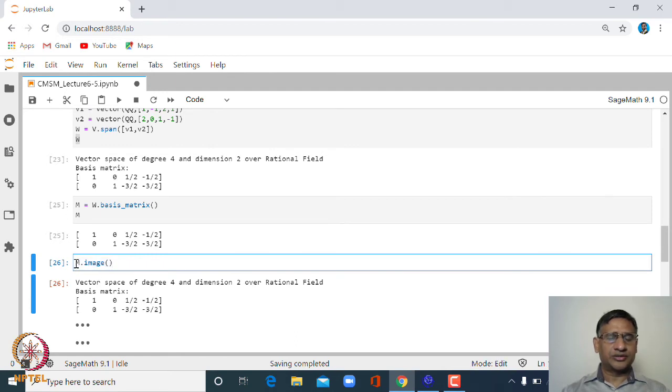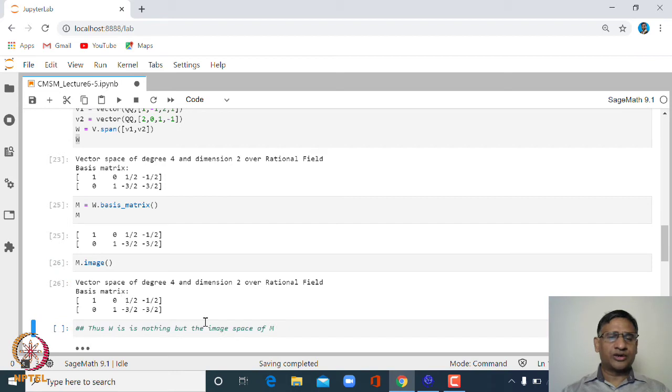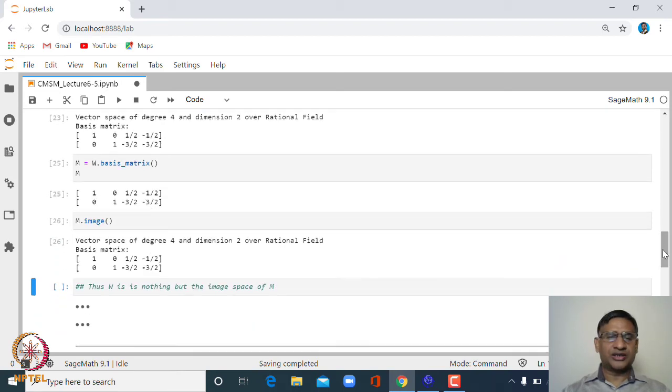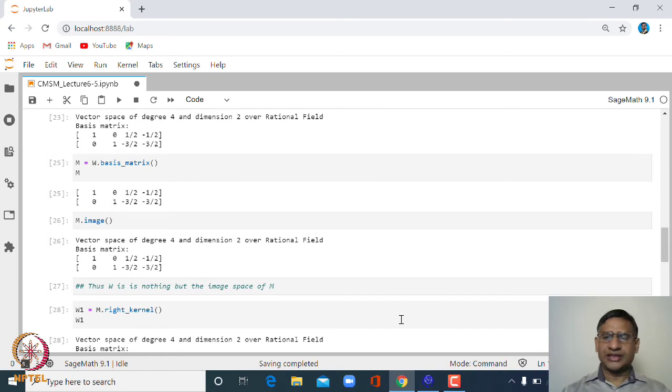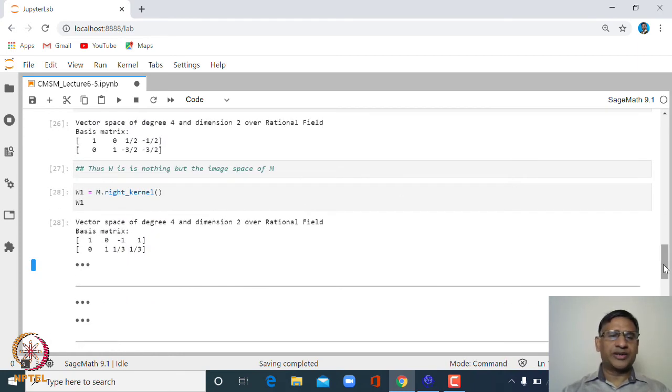Right. Now we know that this is the image of the basis matrix, and we just now saw how, given the matrices associated with a matrix, to find its orthogonal complement. So how do we find the orthogonal complement of this? Take the right kernel of M, and that will give you the orthogonal complement of this subspace W. So that is how we can find the orthogonal complement of any subspace.